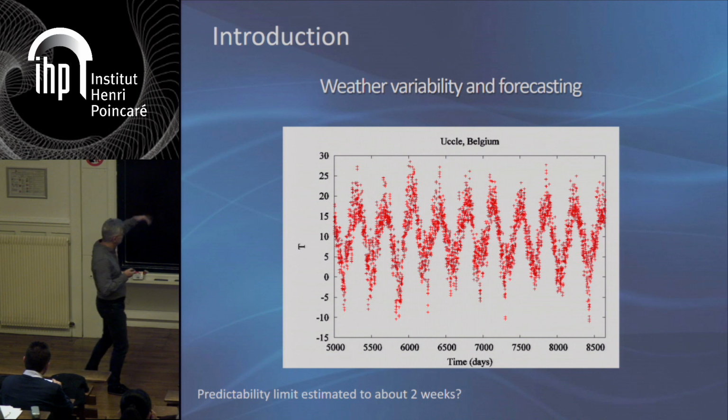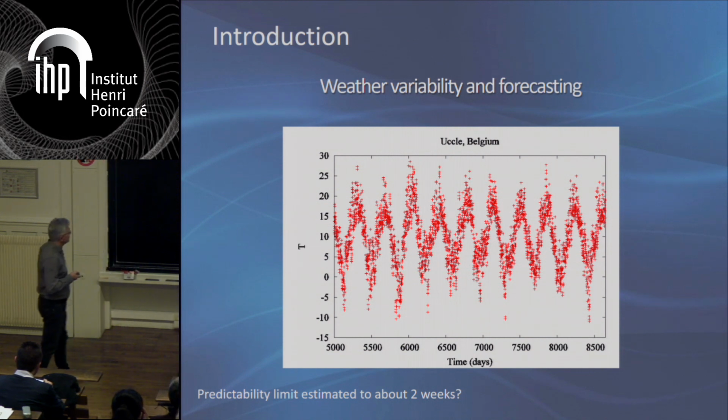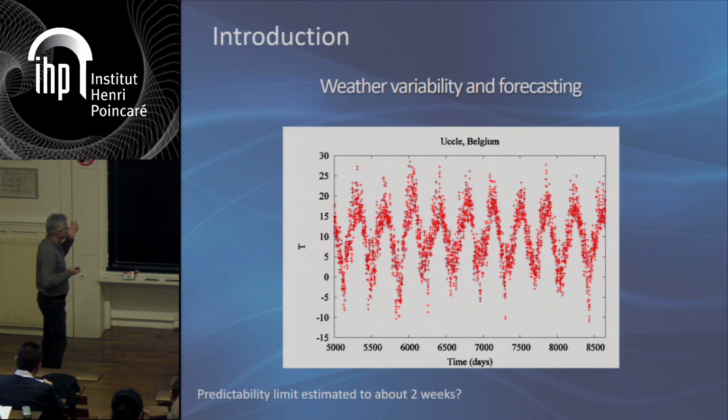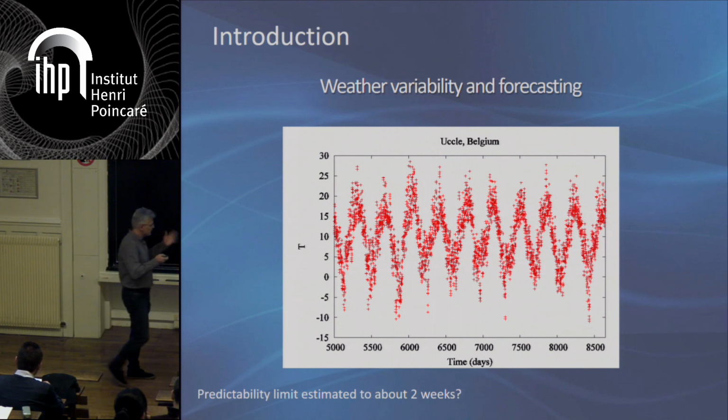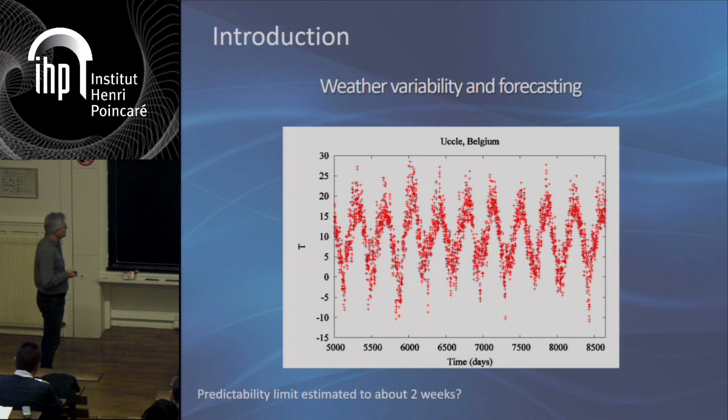So we have a quite erratic behavior around this seasonal signal, and weather forecast is essentially trying to make the forecast on a daily basis. And in fact, there is a typical predictability limit of these forecasts from, say, 1 week up to 3 weeks, depending on the accuracy you want to reach.